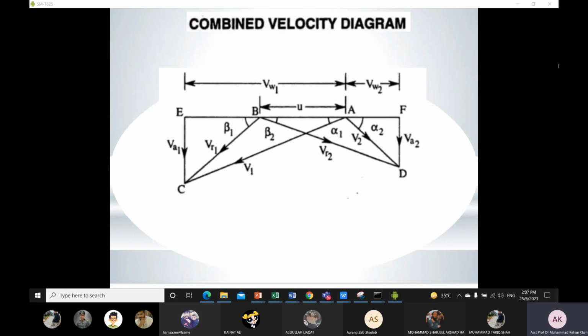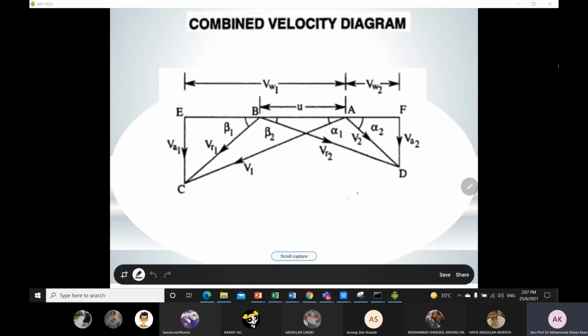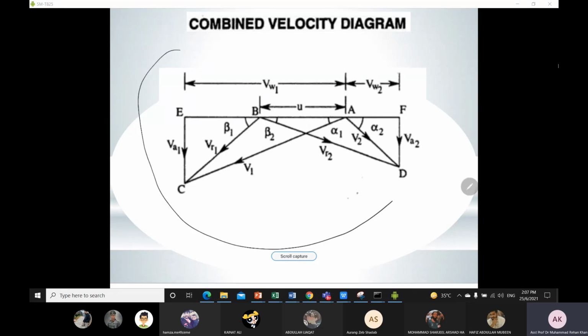Another important thing is that usually this type of combined velocity diagram problem is not very easy. The reason is that whenever we teach thermodynamics courses, we do not focus on how to draw these diagrams accurately using scales. For example, if you study the main course related to rotordynamic machines, these diagrams will not be given to you.